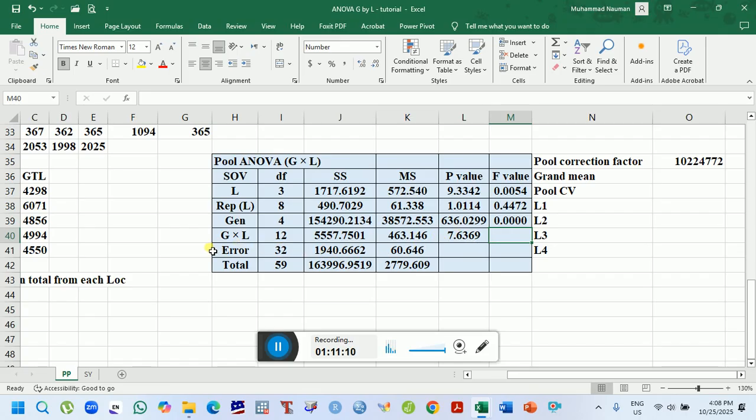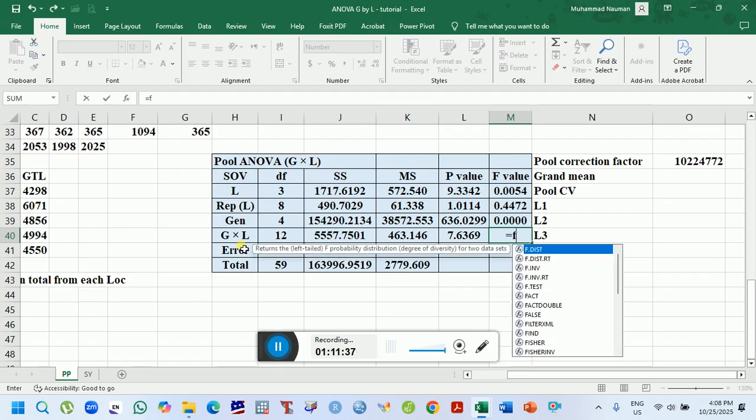Now calculate the genotype by location, and this term is very important to know in order to pursue the stability analysis. If this is non-significant, it means the pods per plant in each and every location or year is giving the same results or the same production.